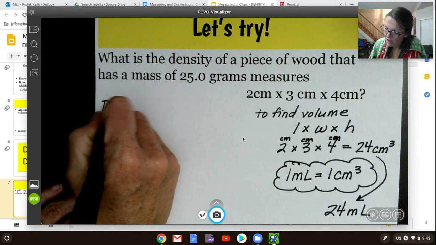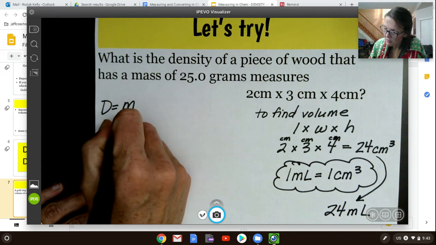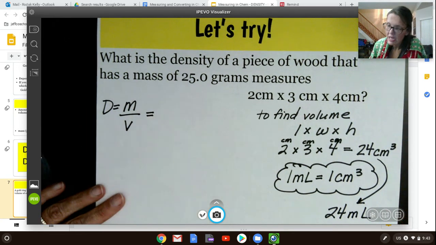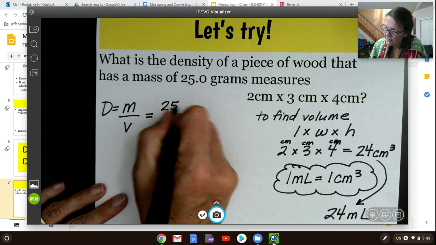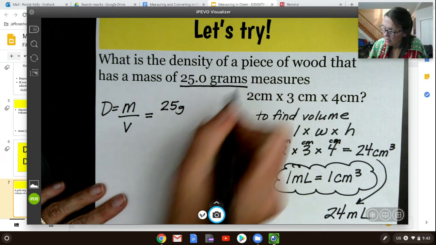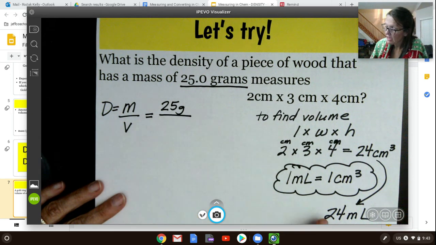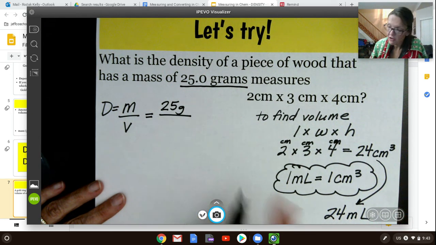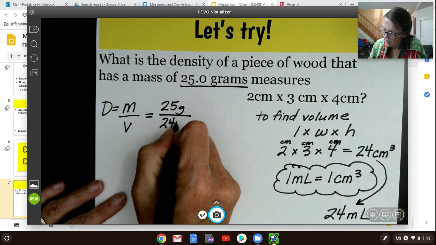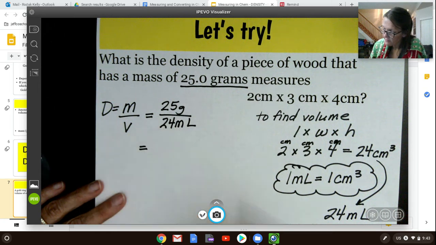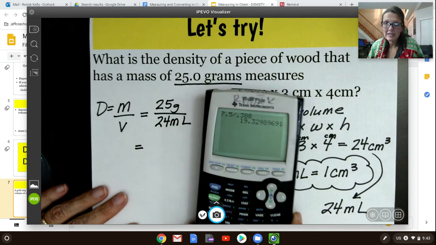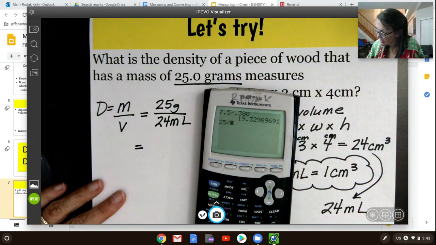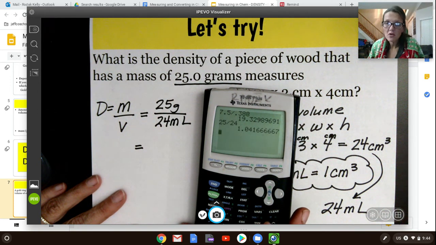So now we can go back and solve that problem. And again, density is equal to mass over volume. So the mass in the case of this problem is 25 grams. Forgot to underline that. And we just calculated the volume at 24 milliliters. So again, to get the answer to this question, we're just going to take 25 and divide by 24, and we get 1.04.